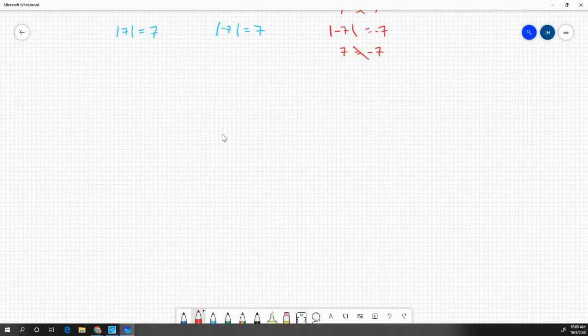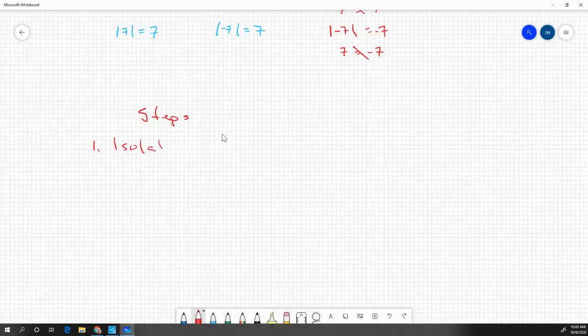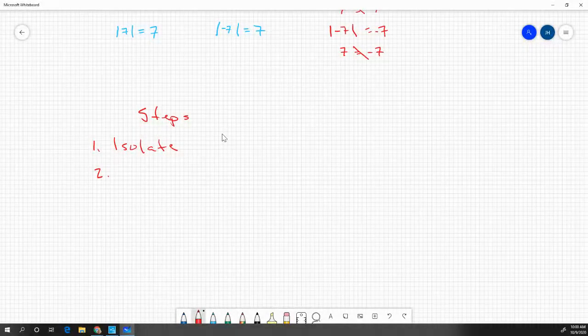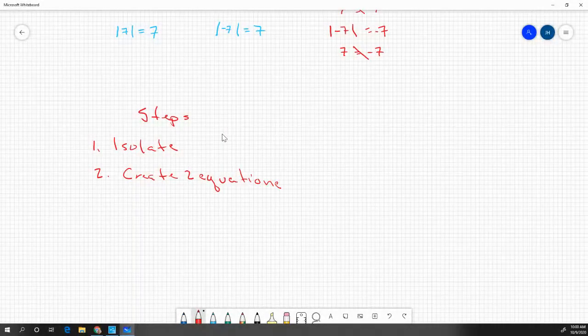So we're going to talk about really quickly what are the steps to solve. And the steps, I'm going to abbreviate them because I used them in the other video in depth. So I'm just going to go: 1, isolate, and that is to isolate the absolute value on one side of the equal sign. 2, create 2 equations. One will be set equal to the positive and the other will be set equal to the negative.